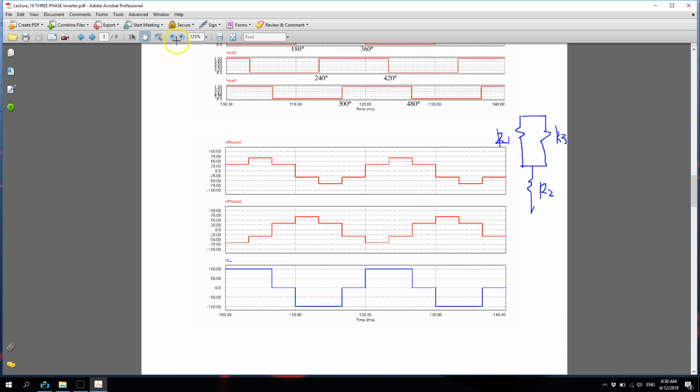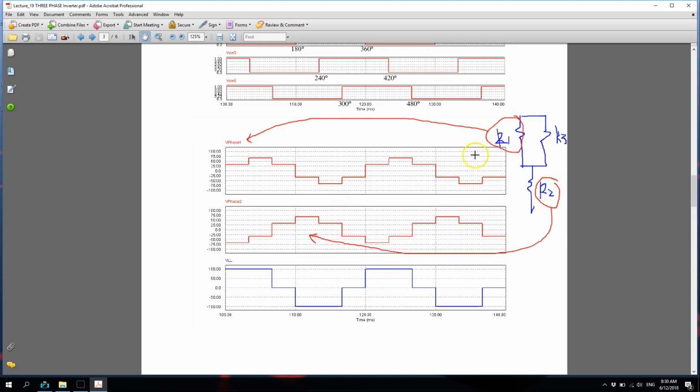So that will be that phase, and this will be the phase 2 resistor.